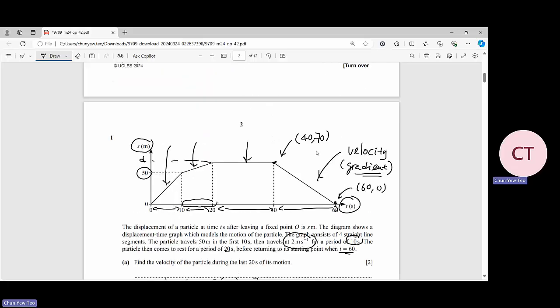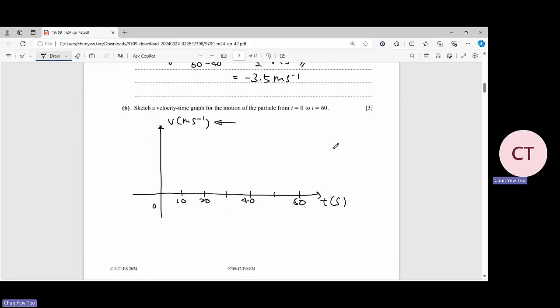So what you need to do now is to find the gradient for each stage: V1, V2, V3. For V3, the horizontal line, the gradient is obviously 0. So we need to find these two only, V1 and V2. How do you find V1? Just take these 2 points and find the gradient. To save time, I just write everything over here.